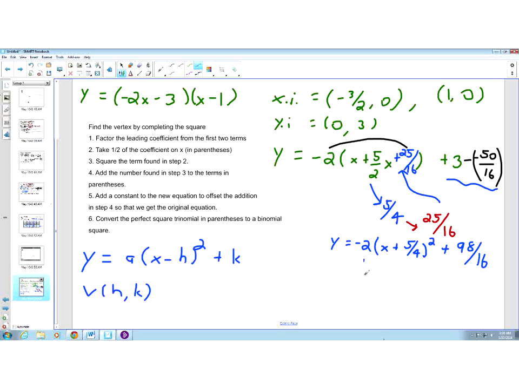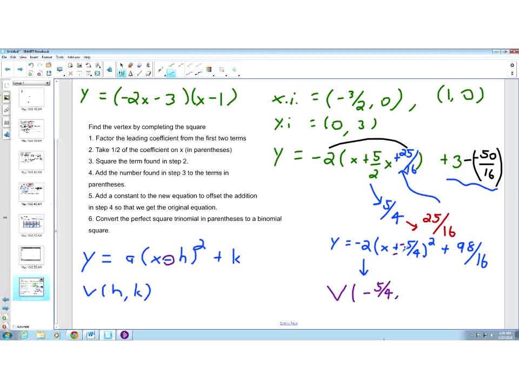And so from here, we can deduce our vertex. So the vertex is at negative 5/4 because in this case h is negative 5/4, right? Because we have plus, which is the same as saying minus 5/4. We have to have a subtraction. See the subtraction right here?